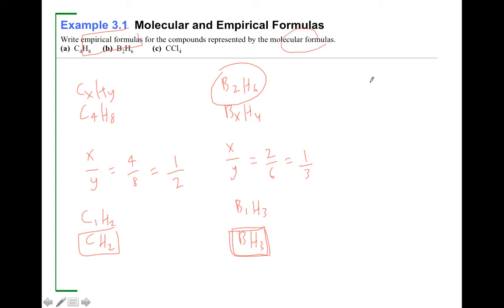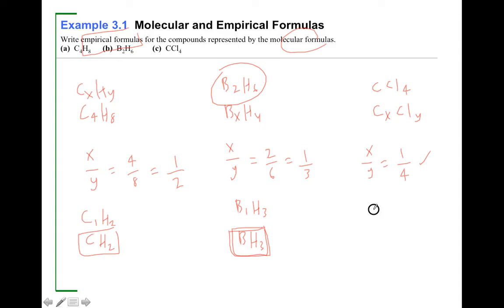Let's do another one. CCl4. So this looks like CxCly, and x over y is equal to 1 over 4. That doesn't reduce to anything, all right? It's already reduced.